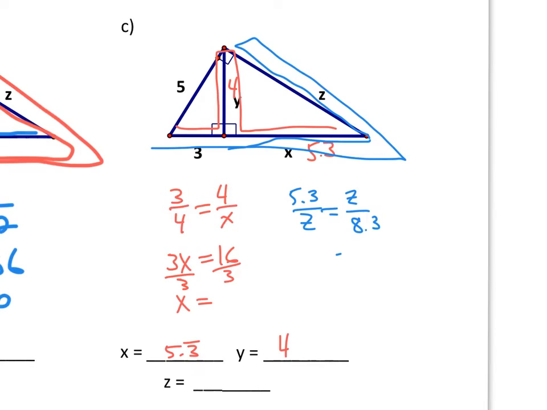Okay, so then when you multiply that, you'll get z squared is equal to approximately 44.4. So square rooting that, you would get z is approximately 6.66. So that's your z value, 6.66.